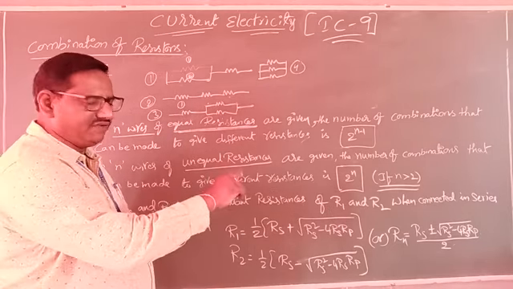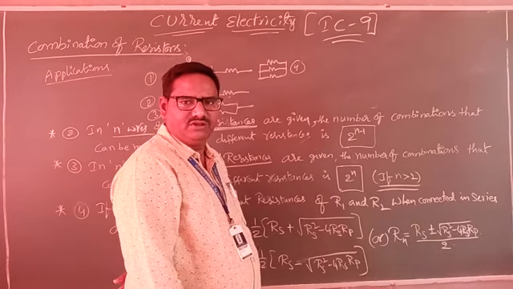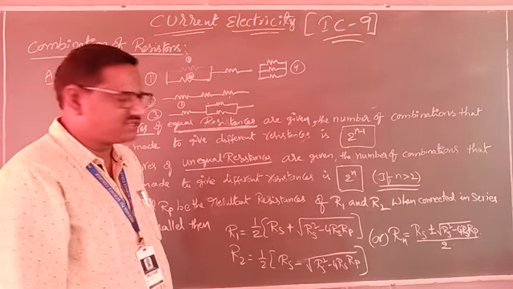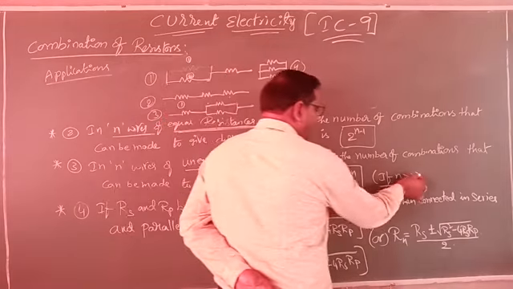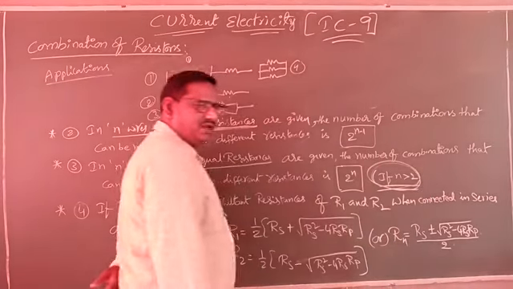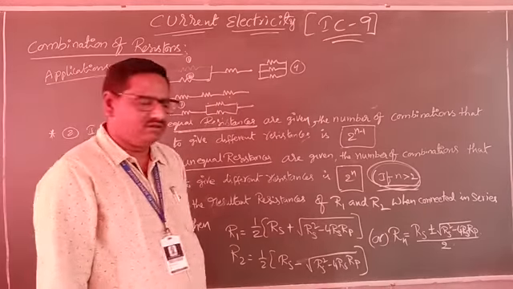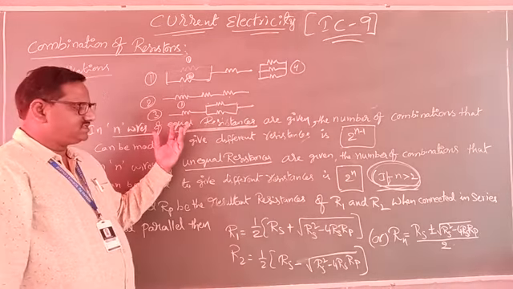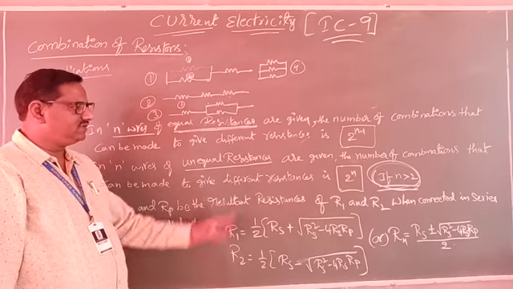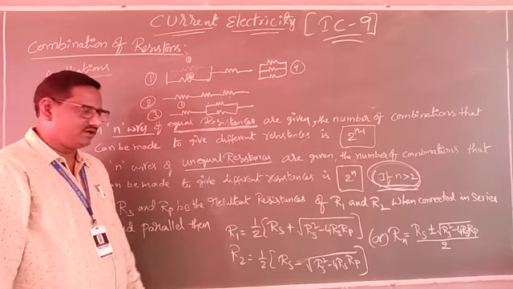But here n must be greater than 2, because if we have only 1 wire, we cannot arrange it. That's why this condition needs to be applied here: minimum 2 wires. Clear? These 2 formulas are important, for unequal and equal resistances.